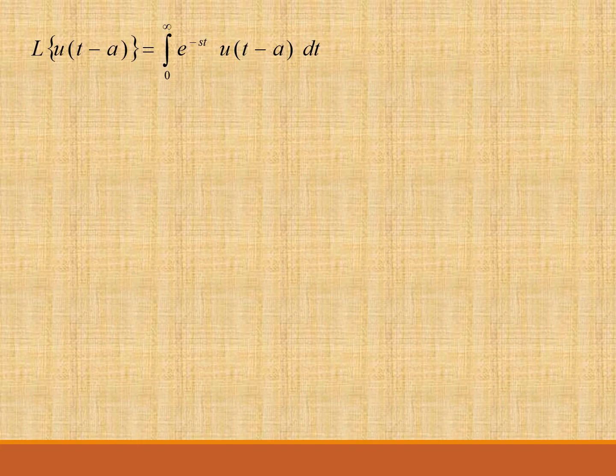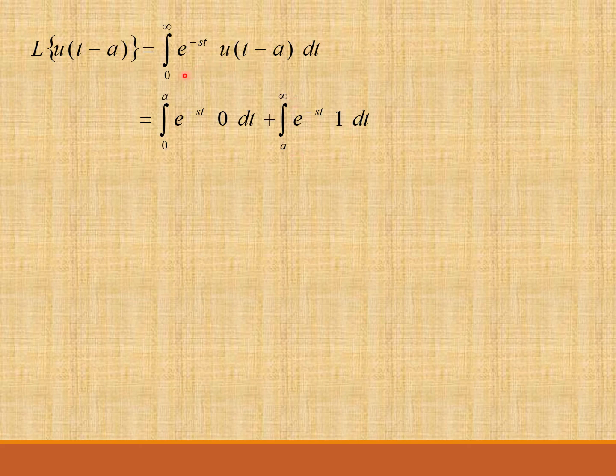Further, we can prove that the Laplace of u of t minus a is equal to the integral from 0 to infinity of e raised to power minus st into u of t minus a dt, where u of t minus a has a value 0 for the interval 0 to a and a value 1 for the interval a to infinity.